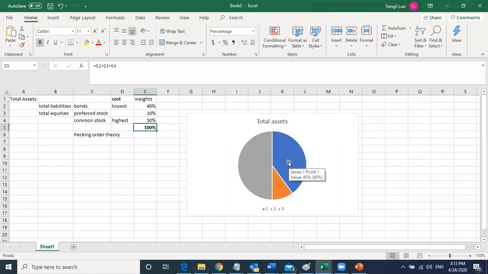To give you an example, it's like you buy a whole pizza and cut it into different slices. Most frequently we cut the pizza into 8 slices, but for the cost of capital you cut it into 3 slices.